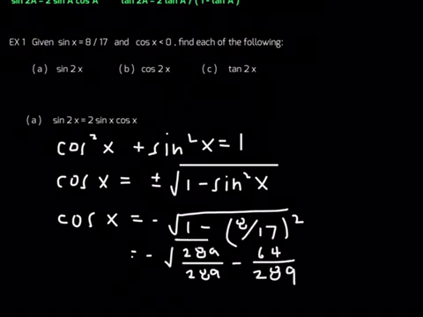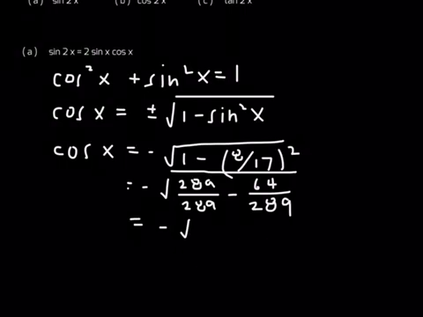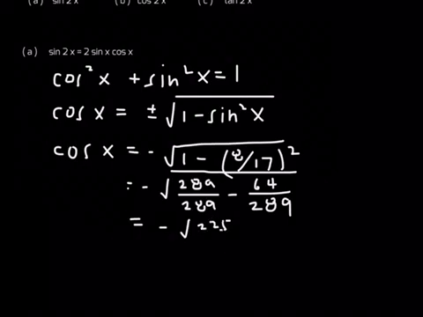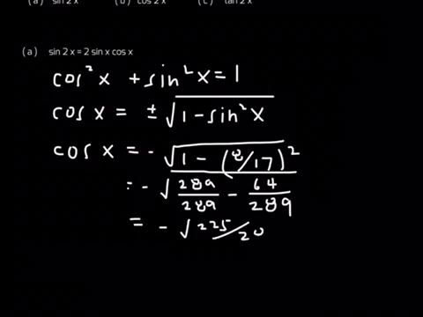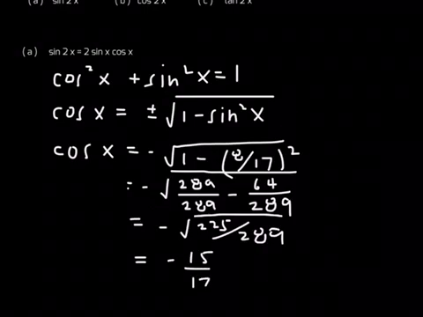So then cosine of x is equal to negative square root of 289 minus 64, which is 225 over 289. Square root of all that. So then cosine of x is equal to negative 15/17.